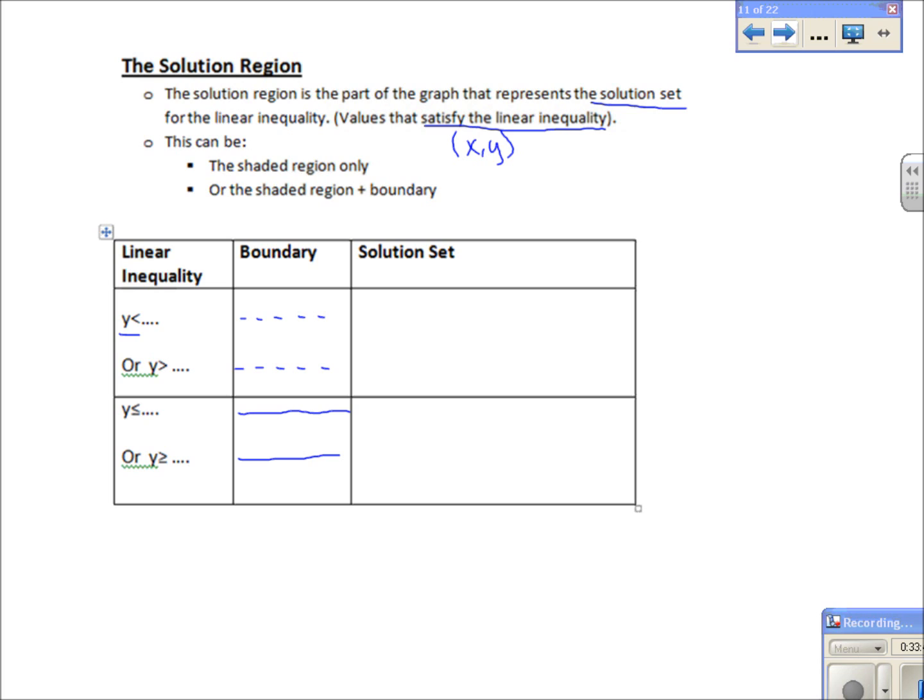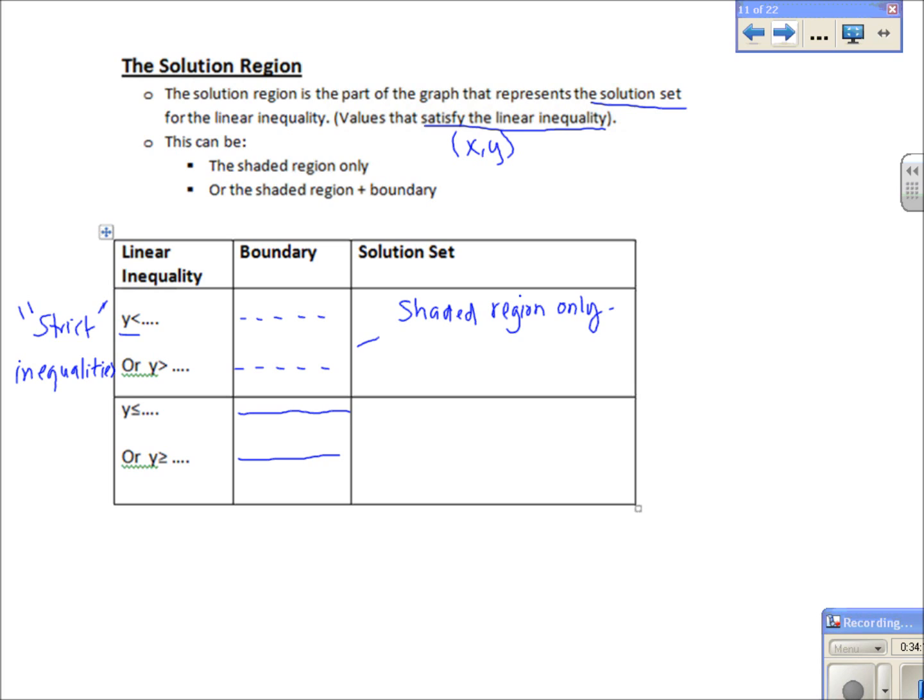So when we have strict inequalities, they have no possibility of being equal. So y is less than or y is greater than are strict inequalities, and the solution set is the shaded region only, or the shaded half plane. So the solution set cannot include the boundary.